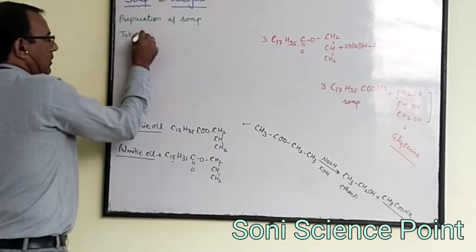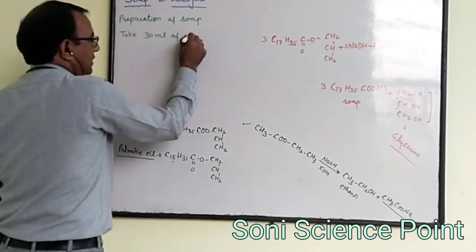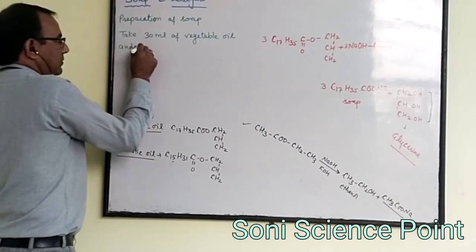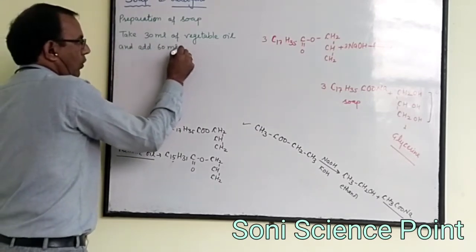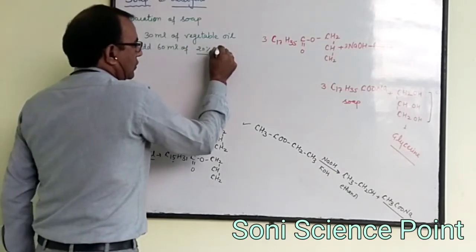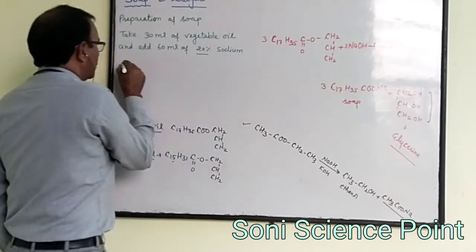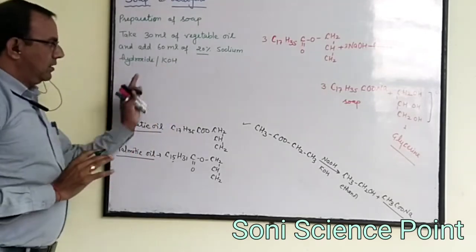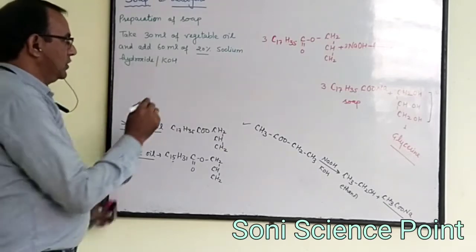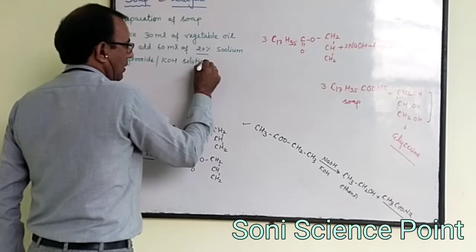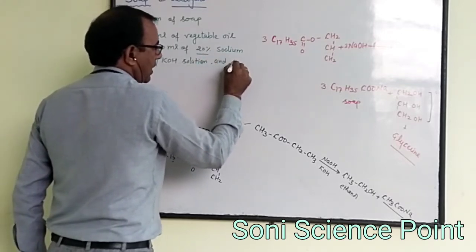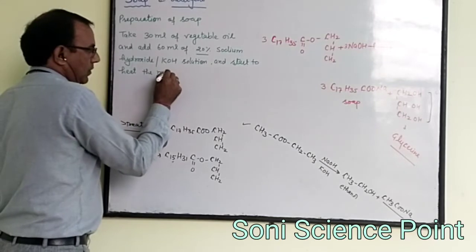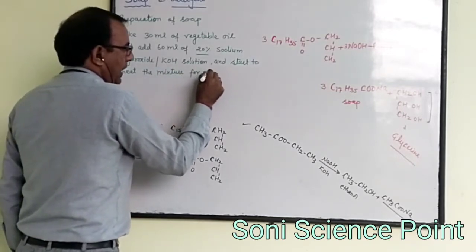Take 30 ml of vegetable oil and add 60 ml of 20% sodium hydroxide or potassium hydroxide solution, whether it is sodium hydroxide or potassium hydroxide, and start to heat the mixture for 5 to 10 minutes.